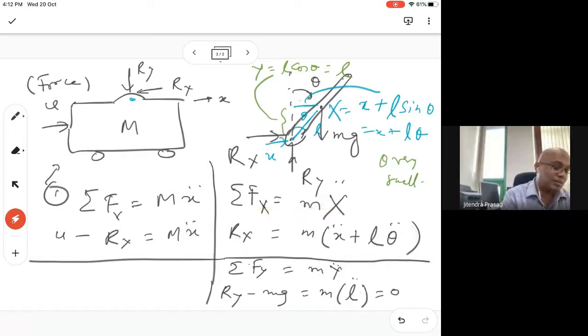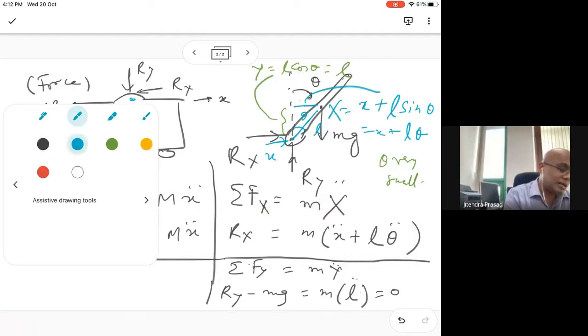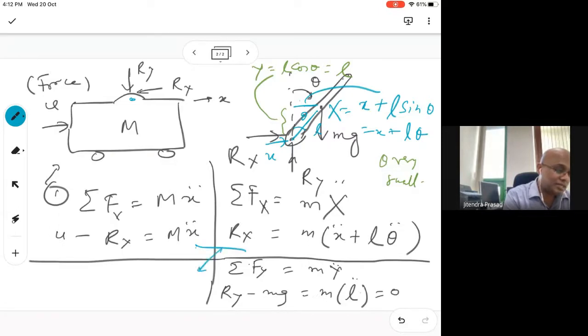What do you get from this and this? We get u equal to m times x double dot plus L theta double dot, plus M x double dot. So this is the equation you get.